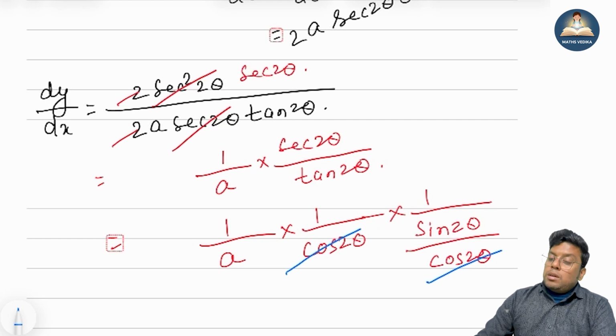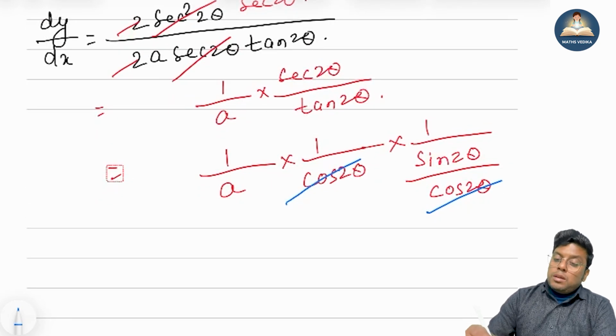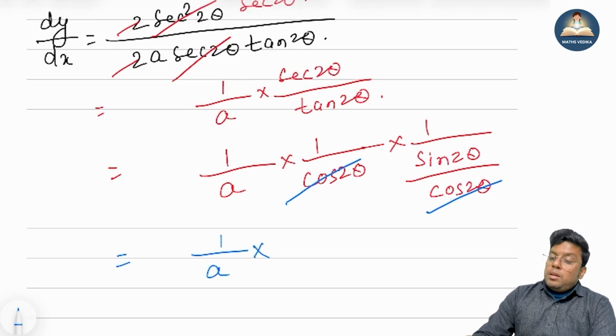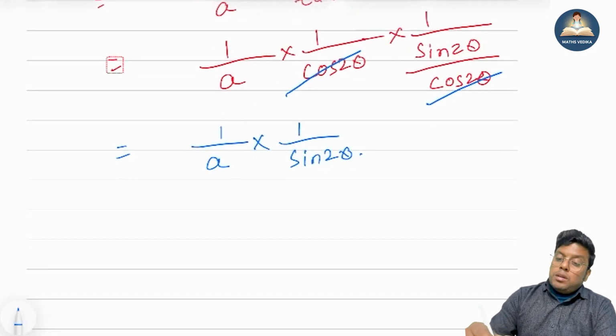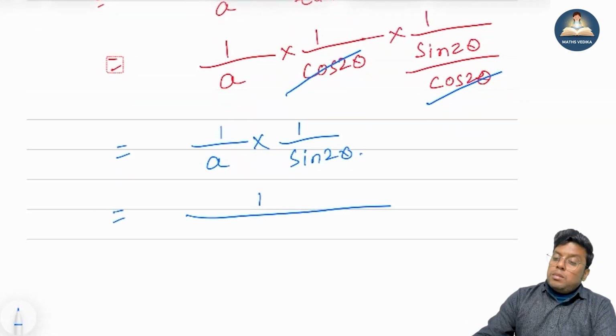Let's cancel out cos 2 theta. Now we'll have 1 by a sin 2 theta.